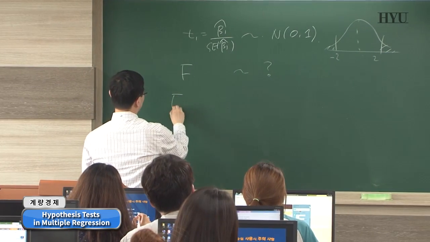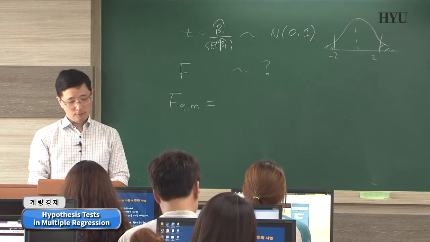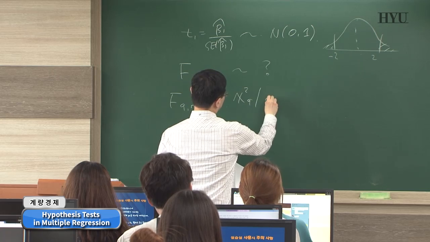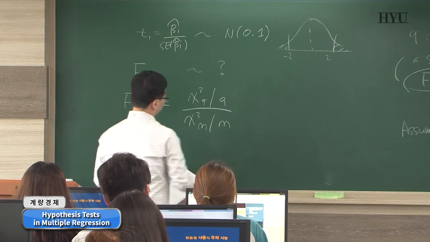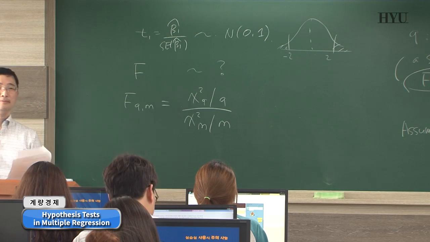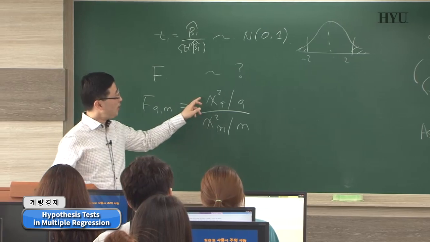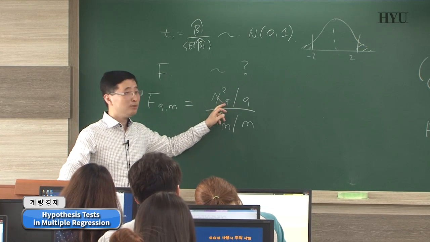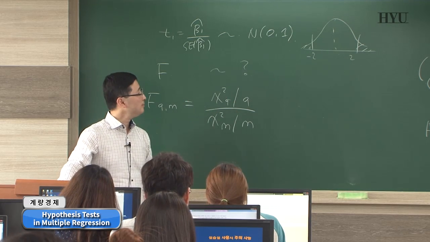So let me just remind you what an F distribution is from your statistics class. It has 2 degrees of freedom. In the numerator, you have a chi-squared random variable with q degrees of freedom, and you normalize it by dividing by the degrees of freedom itself.